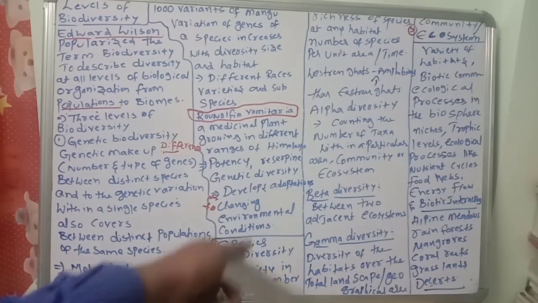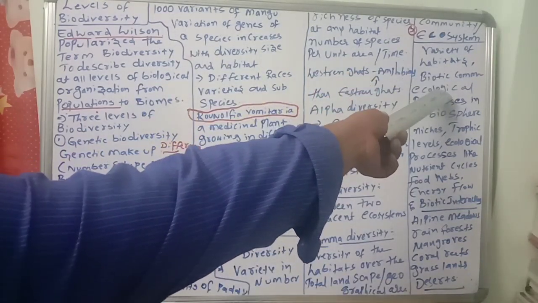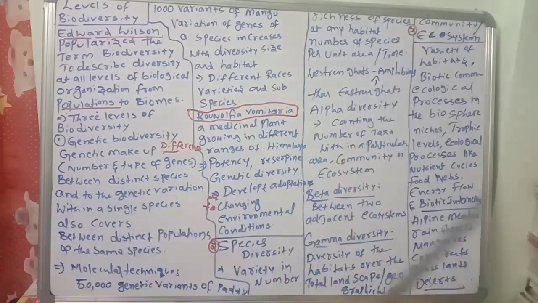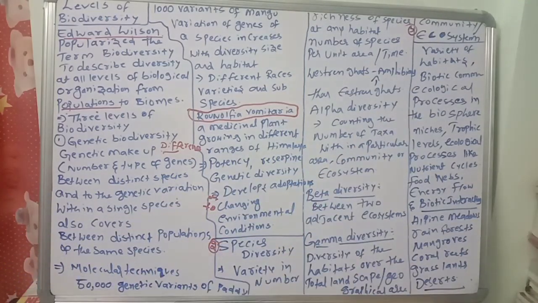What is community or ecosystem diversity? The diversity of habitats and biotic communities, and ecological processes in the biosphere, like trophic levels, nutrient cycles, food webs. So India has the greatest ecosystem diversity on earth. Why? Because alpine meadows, rainforest, mangroves, coral reefs, grasslands and deserts are there.